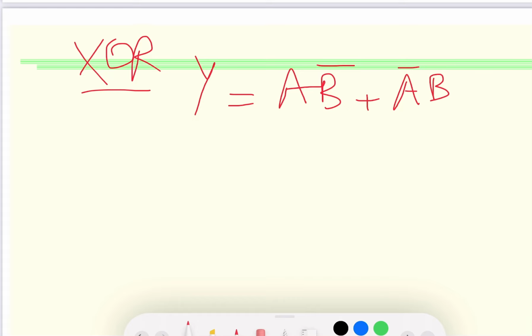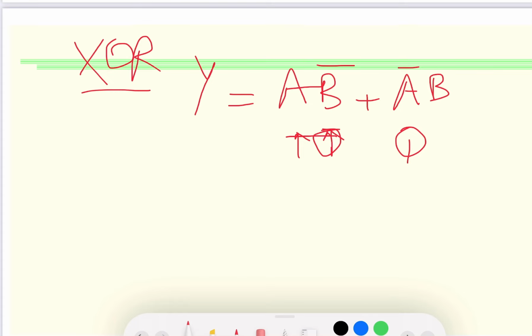But Y is not a function of only the complement variables like we had before. It's now a combination of complemented and non-complemented variables. So we need additional inverters at the input of B and at the input of A when we are hooking it up to the other side.